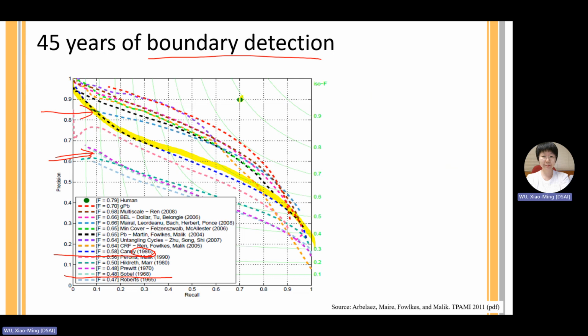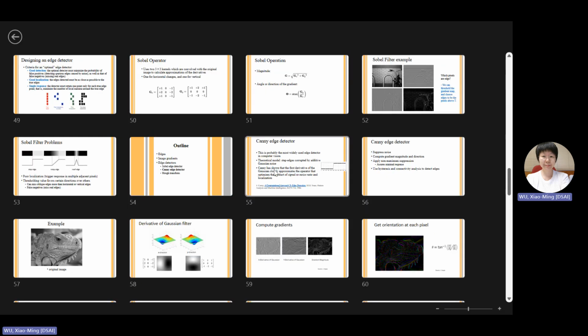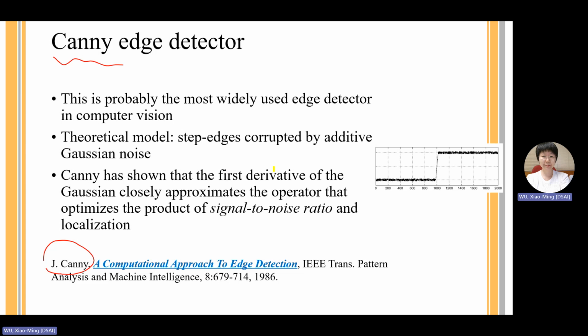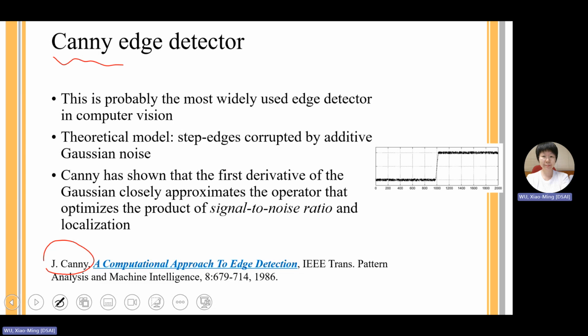And this represents human performance. Anyway, the Canny edge detector is the most popular detector. The first two steps of Canny are exactly the same as Sobel.